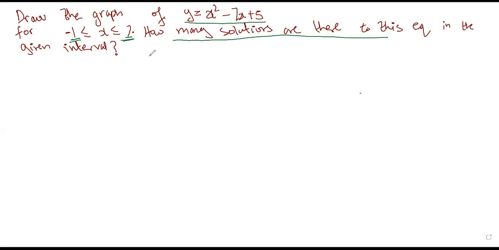Let's do it by plotting the graph, because this is what they are asking. Let's try to plot this graph. But have you plotted a graph of this type ever before? I mean, do you know how to plot these graphs of this equation? Yeah, you just put random values for x and figure out y.